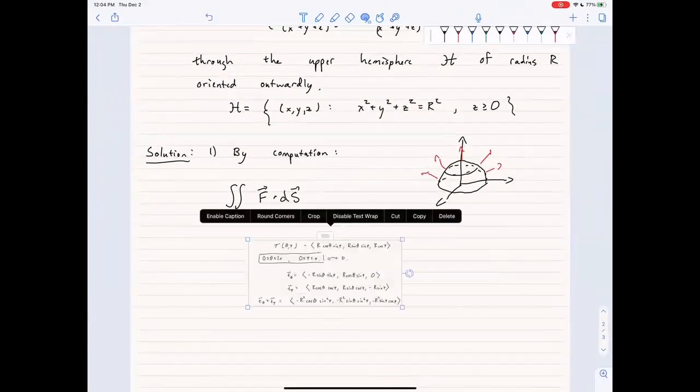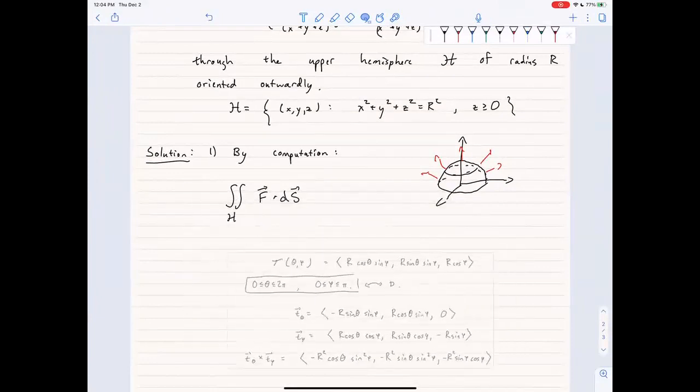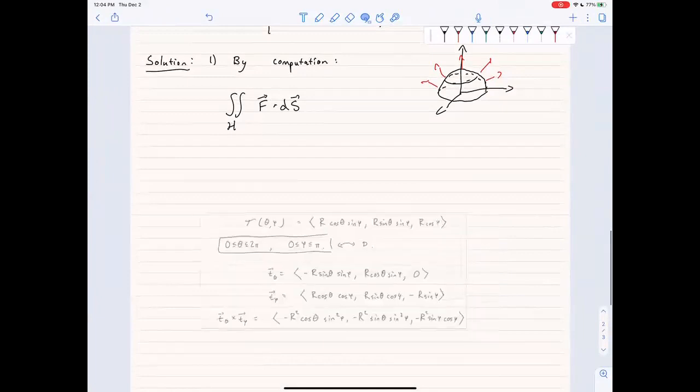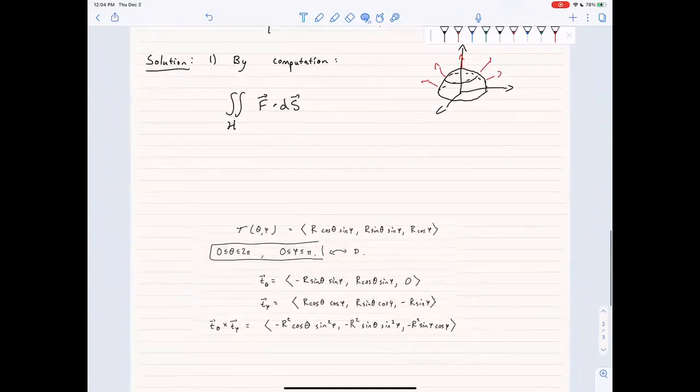Now, last time, okay, Notability doesn't want to put it there. Last time, we parametrized the entire sphere. So what kind of changes do I need to make? First, I'll call this R, because the book, for whatever reason, calls it R. But that's the only change in that notation.